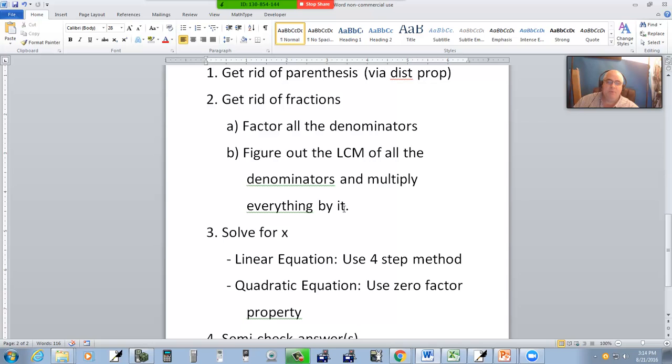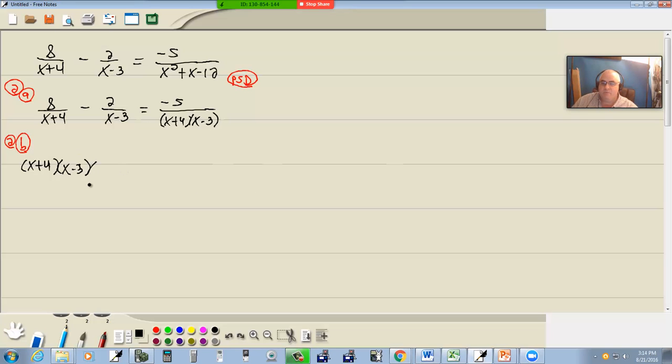And then it says multiply everything by it. So we're going to multiply our first fraction by it, the 8 over x plus 4. We're going to multiply our second fraction by it, and I'll put it after it just so I don't lose track of this negative that's out in front. And we'll multiply times the fraction on the right side.